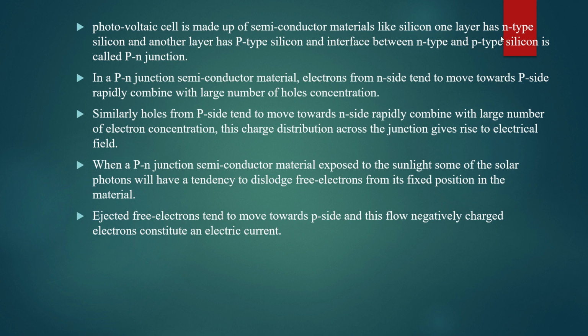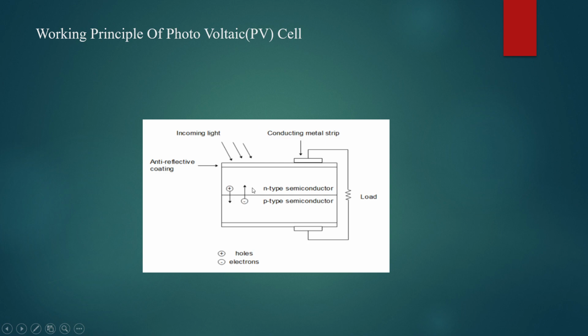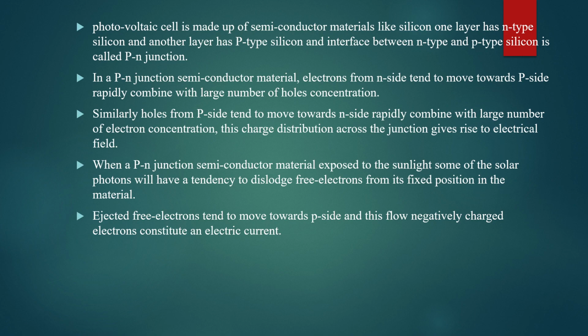An interface between N-type and P-type is called a PN junction. So here it will be the PN junction between the N-type semiconductor and the P-type semiconductor. In a PN junction, electrons from the N side tend to move rapidly towards the P side, combined with a large number of hole concentration.